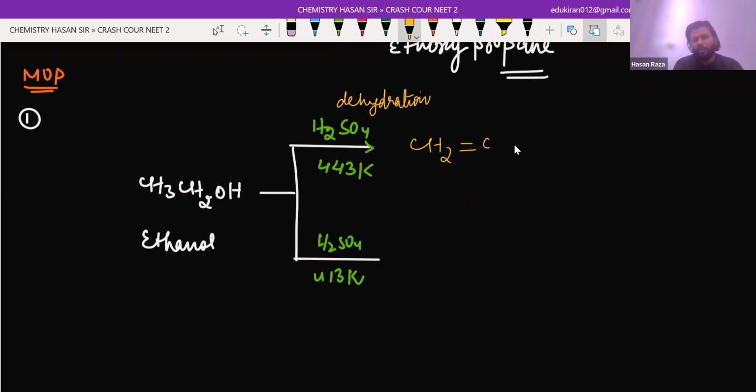We did the mechanism. OH from here and H from the adjacent carbon will be removed and alkene will be formed.